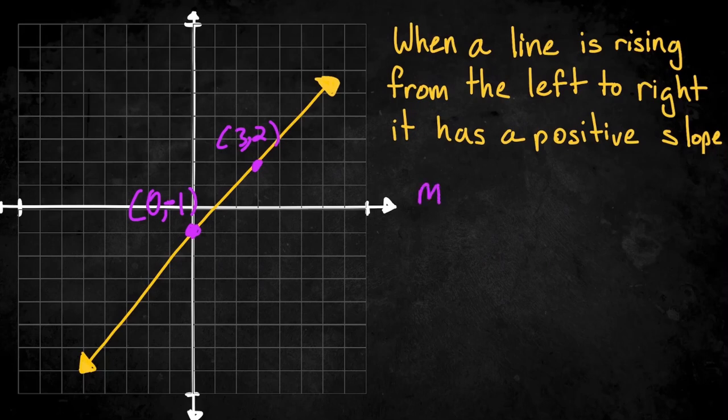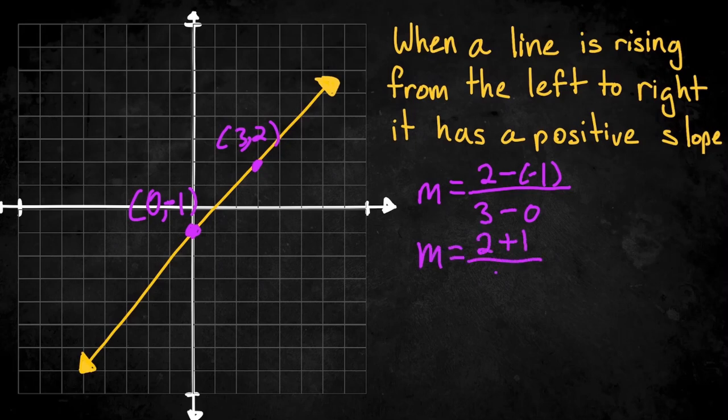So we have m equals, I'm going to do 2 first. So we have 2 minus negative 1 over 3 minus 0. That would be m equals 2 plus 1 over 3. And 2 plus 1 is 3, so that would be 3 over 3, which equals 1. And 1 is a positive number, right? So it has a positive slope.